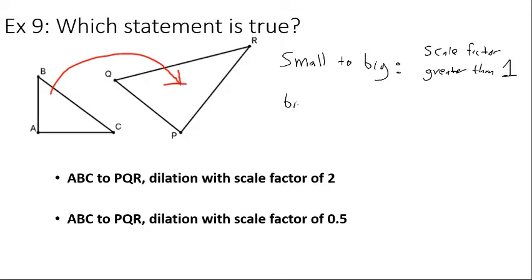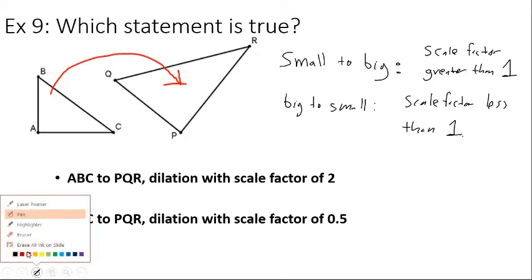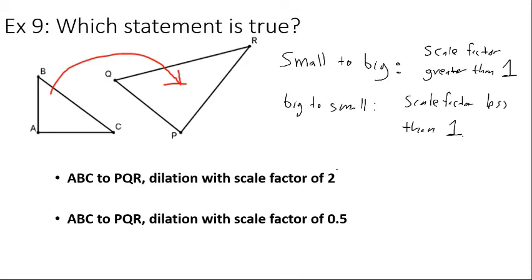Or if you're going from big to small, the scale factor is less than 1. Okay, so it says here which is true. So what we're looking for here is the scale factor here is a 2. So we're going from small to big. So this one right here is true. This one right here is false. The scale factor is less than 1.